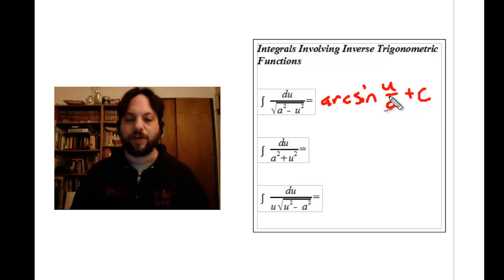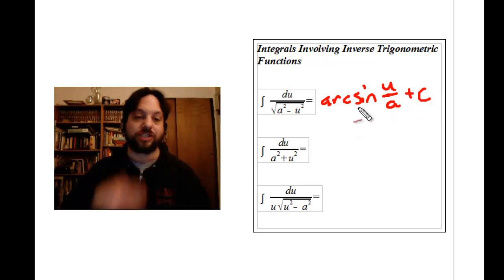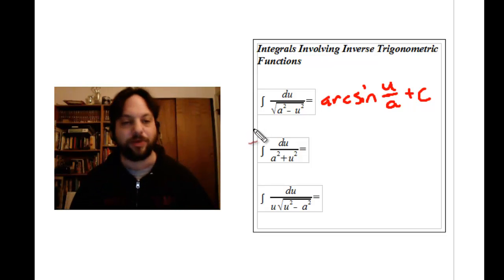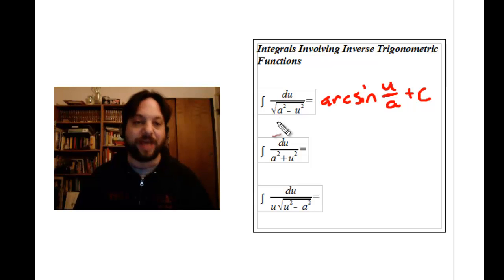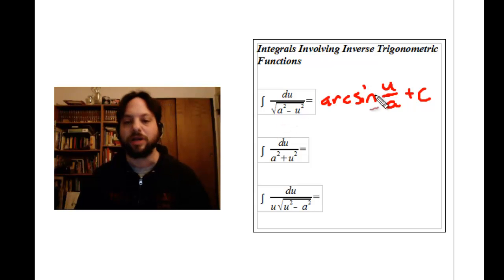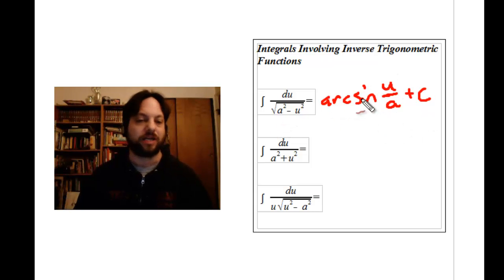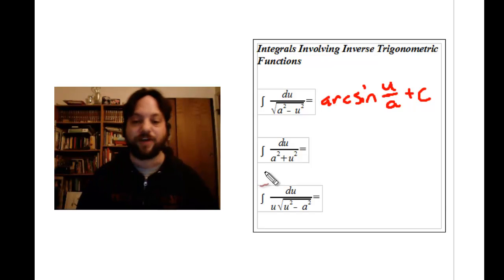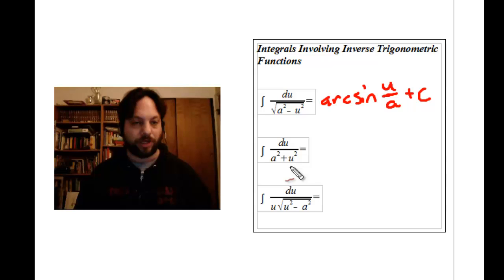Of course, if a is 1, then it's just the arcsine of u plus c, and then we have the formula that we learned in the last lesson. But in a general case, if a is some constant other than 1, then it will result in arcsine u over a plus c. Now, how about this middle one, the du over a squared plus u squared? Of course, in lesson 5.8, it was du over 1 plus u squared.